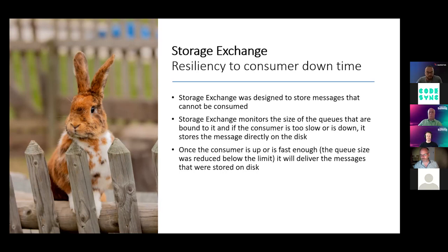Once the consumer is up and fast enough to consume the messages, the storage exchange is going to route the message back to the queue, so that the consumer can consume it. This way, we managed to make RabbitMQ more stable for the long run, and we also had control over our persistent data.